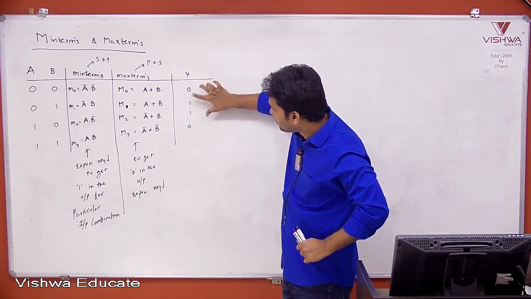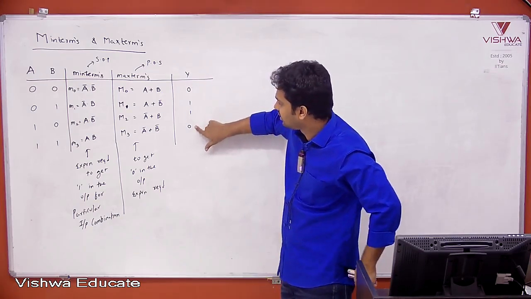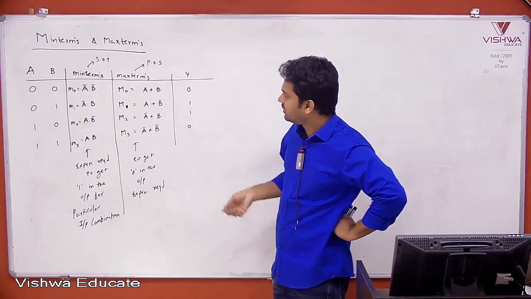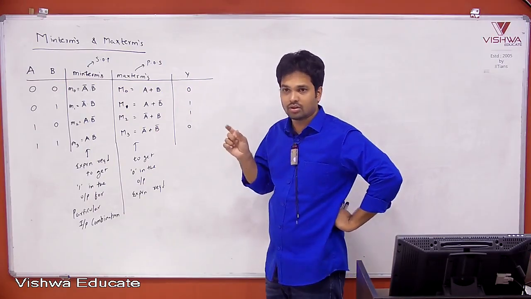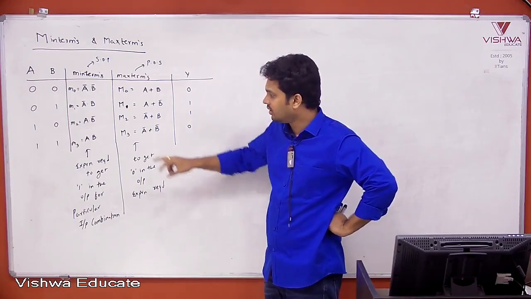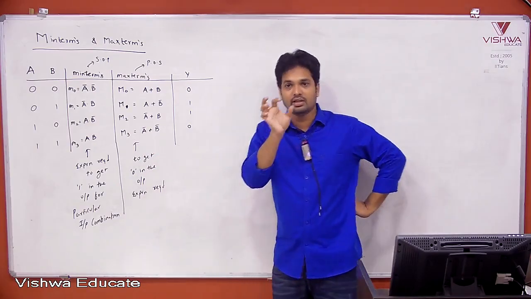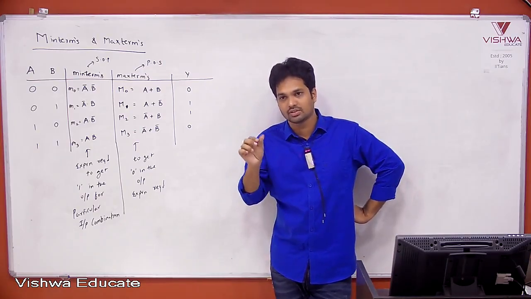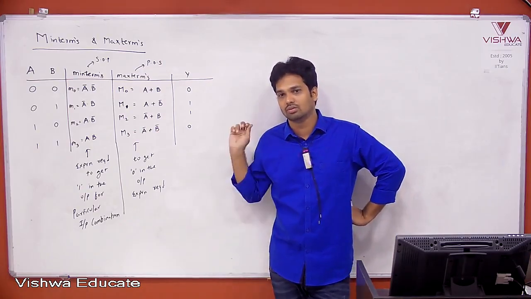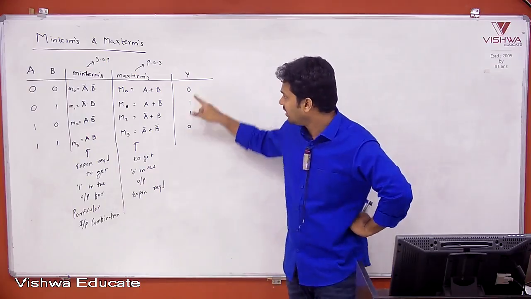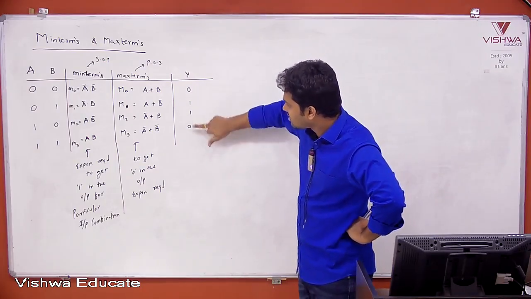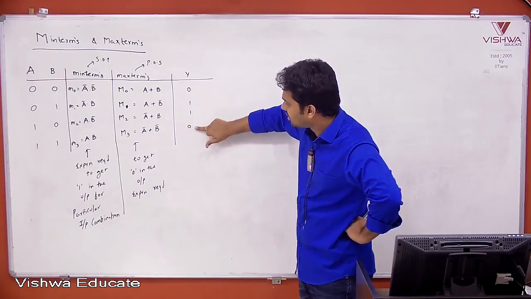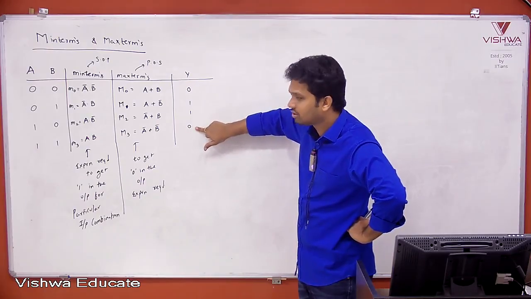It should be 0 for this and this. If A and B are 0, 0 or A and B are 1, 1, when AB is 0, 0 or 1, 1, any one of them happens, your output should be equal to 0. What is the meaning? If any one of them occurs, the output should be 0.